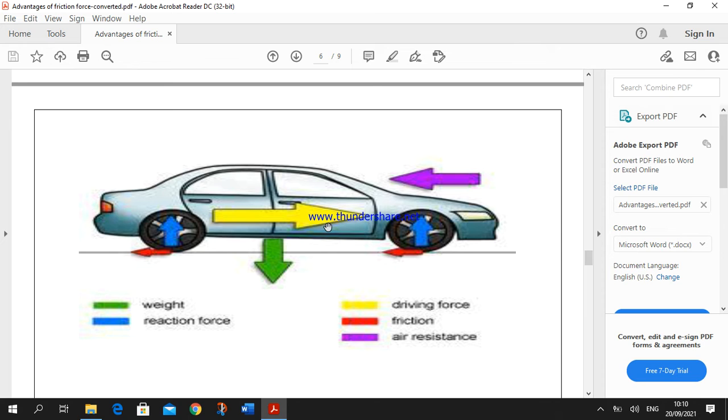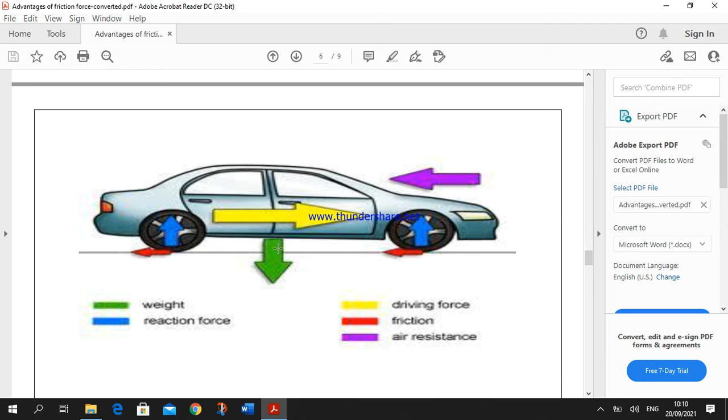So the yellow arrow refers to the movement force that pushes the car forward. The red arrow refers to the friction force that arises between the car tires and the road, and the purple arrow refers to the air resistance that acts in the opposite direction of motion.